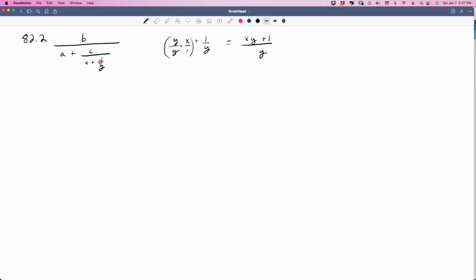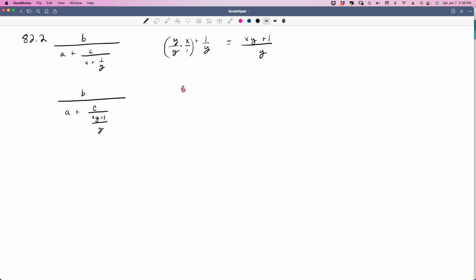So now I replace this with this. So b all over a plus c over xy plus 1 over y. All right, so now I see in my denominator, now that I've replaced it, I have a number divided by a fraction. So now I'm going to keep it, change it, flip it to turn this back into a simplified fraction.